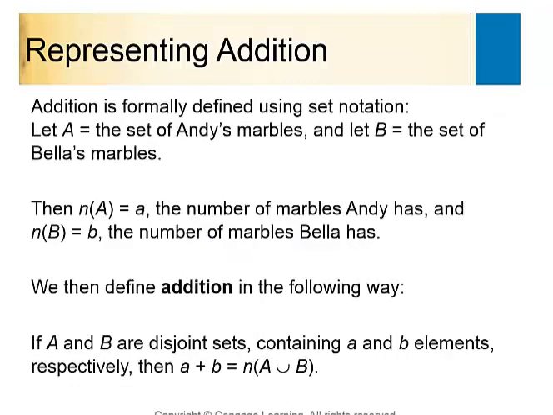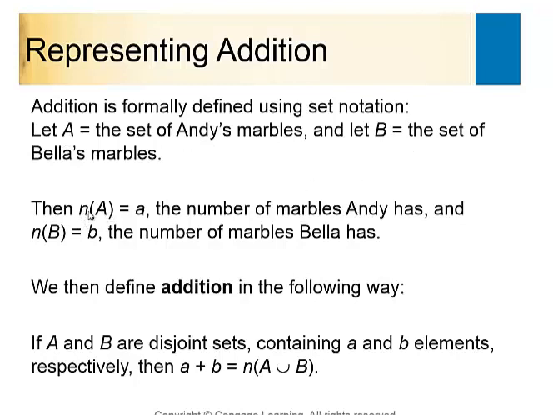And in this slide we have this formal definition of taking the 2 sets and joining them with a union or an OR. And the N out front represents number of. So if we say that A is the set of Andy's marbles and B is the set of Bella's marbles, then N of A is how you would pronounce that.